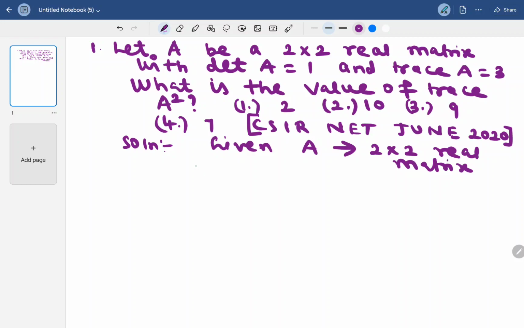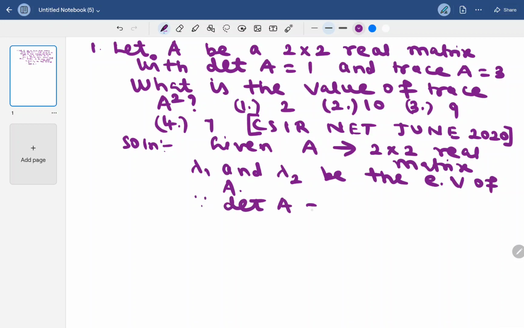Since A is 2 cross 2, let lambda 1 and lambda 2 be the eigenvalues of A. Since determinant of A is 1 and trace of A is nothing but 3, by well-known result, we have trace is nothing but sum of the eigenvalues, and determinant is nothing but product of the eigenvalues. I am going to use these two concepts for this problem.